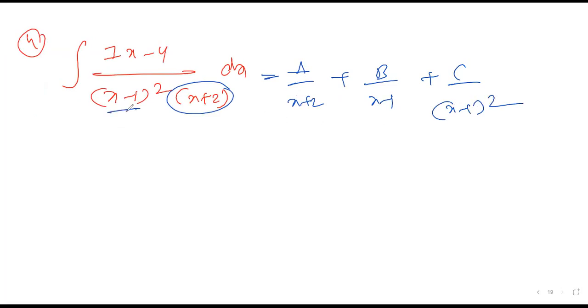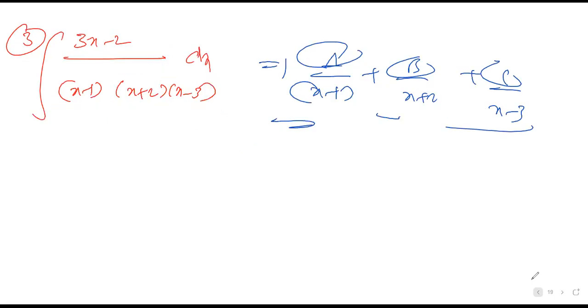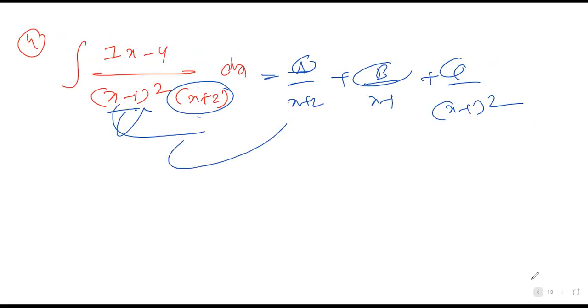You can take A, B and C, nothing matters, because the ABC values will come in between. Understanding ABC is individual for each problem, because finding ABC is very important. So this is the way we can get the answer. I think the fourth question is very simple.